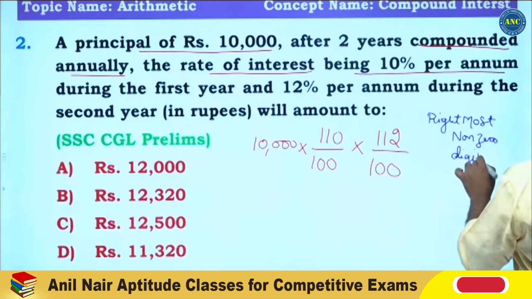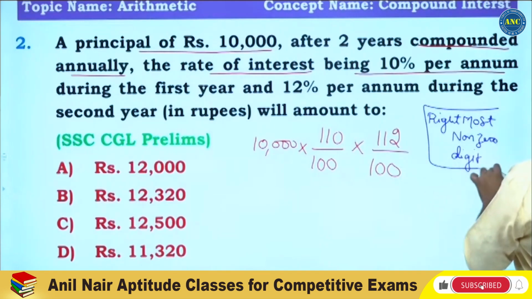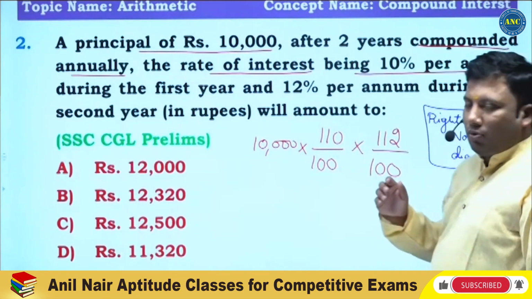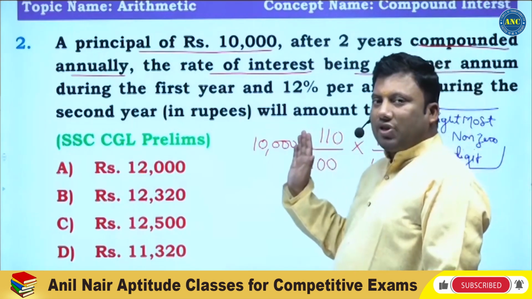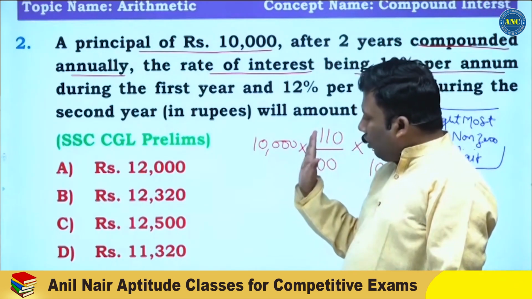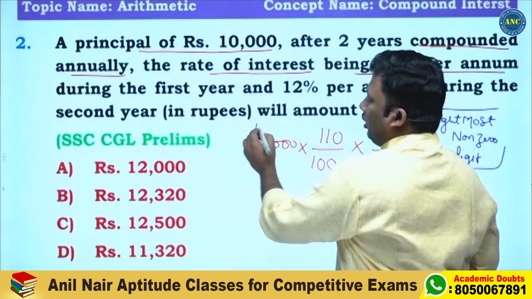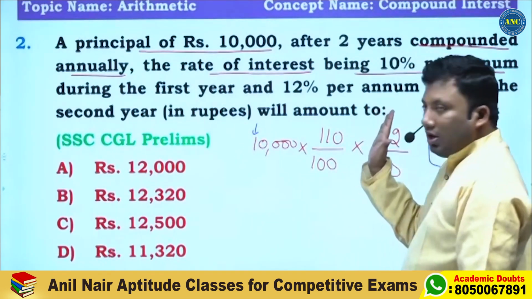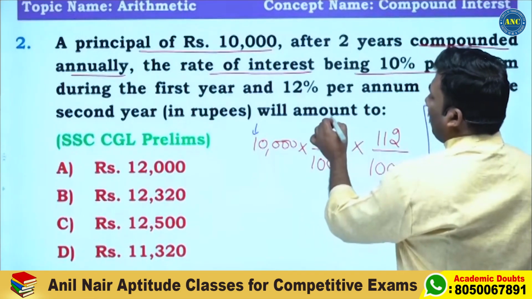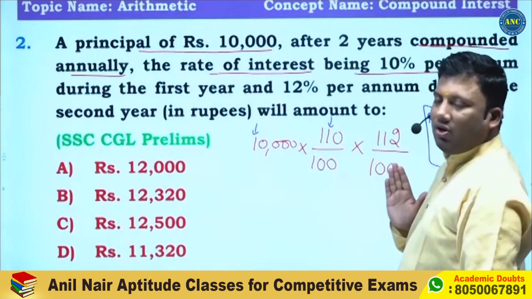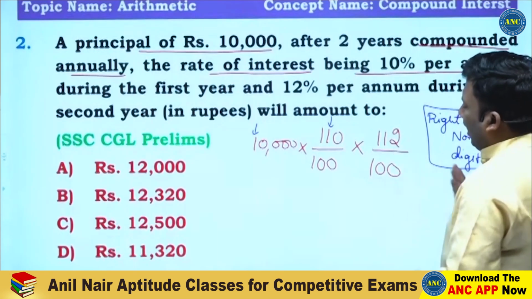In every numerical value, take the rightmost non-zero digit. 10,000 is the number. Go from right to left. What is the first rightmost non-zero digit? 1. 110. Go from right to left. What is the first rightmost non-zero digit? 1. 112. Go from right to left.